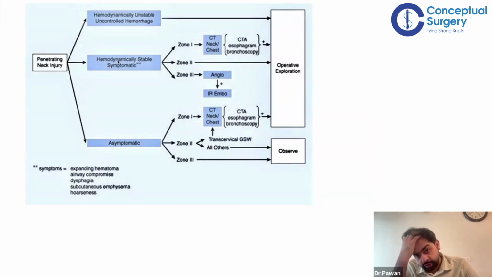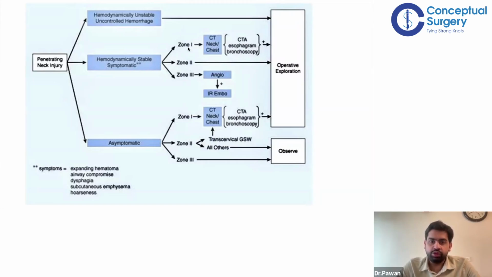In zone one, if the injury involves zone one, what would you like to do? Would you like to do a CT of the neck and chest? Yes, obviously, because I told you that important vasculature is there in zone one. So yes, we will want to do the CT scan of the neck and chest. Then would you like to do an esophagogram? Well, yes, there was also the esophagus present in zone one. So it is a good idea to get an esophagogram and bronchoscopy.